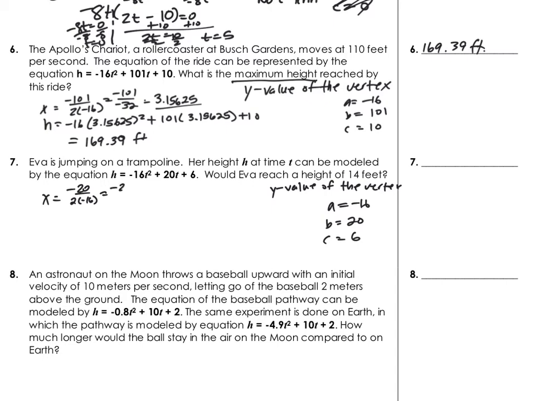And that's going to be negative 20 divided by negative 32, which is 0.625. So it only takes 0.625 seconds for her to reach her maximum height. And then that height is h equals negative 16 times 0.625 squared plus 20 times 0.625 plus 6. Okay.